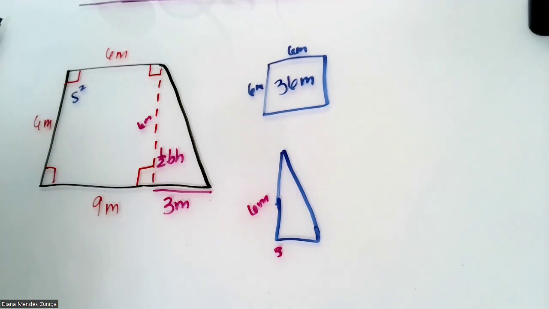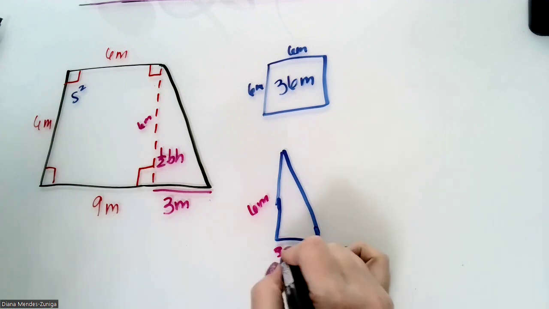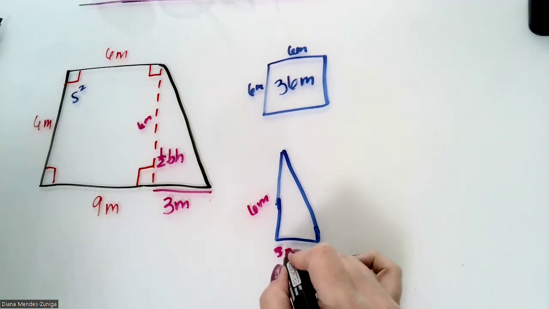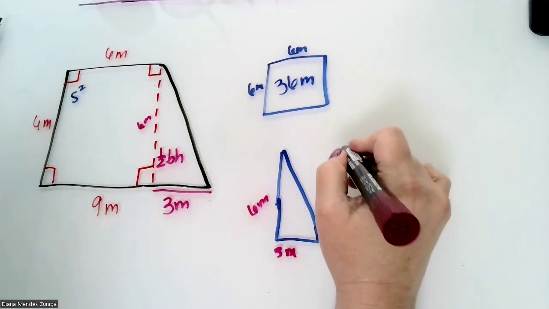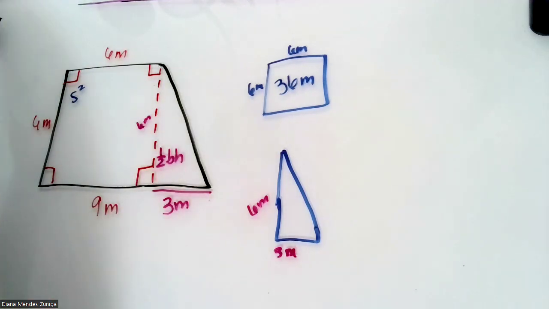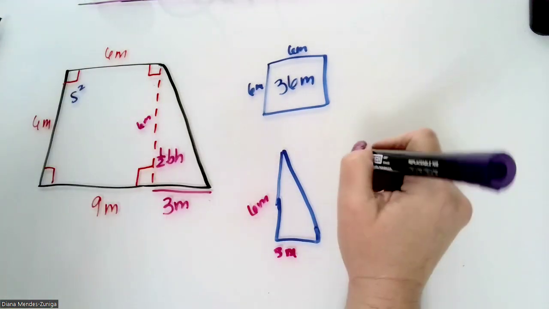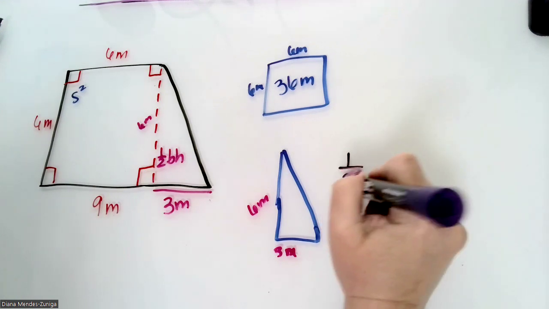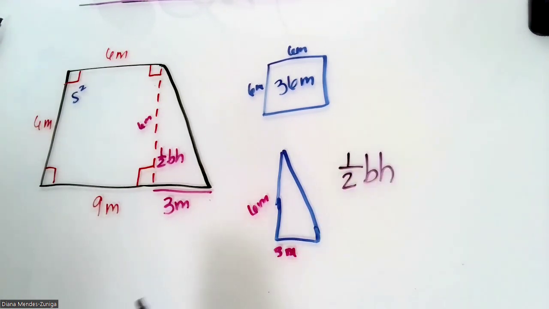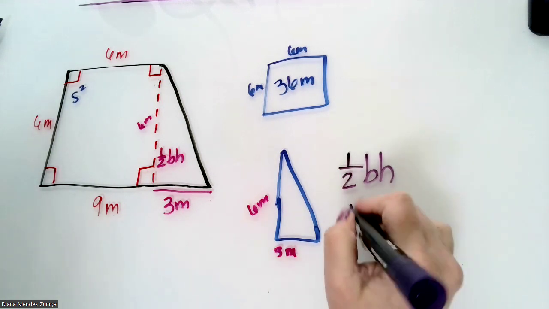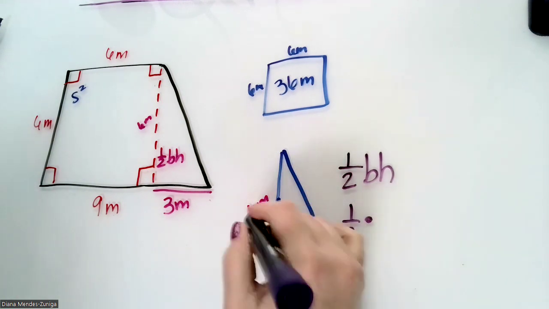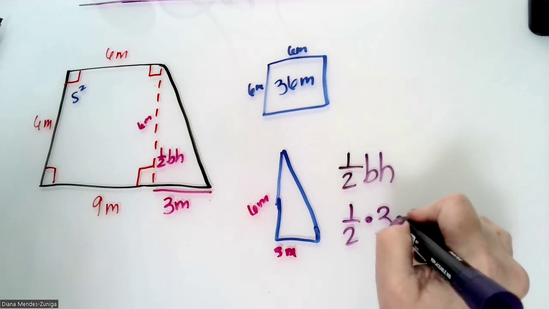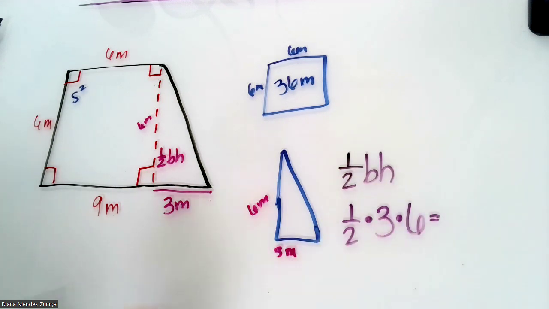So if we do our formula for this, and let me get a better pen because this happens to be writing together. Okay, if we do our formula of half times base times height for our triangle, it would be half times our base, which is 3, times our height, which is 6.